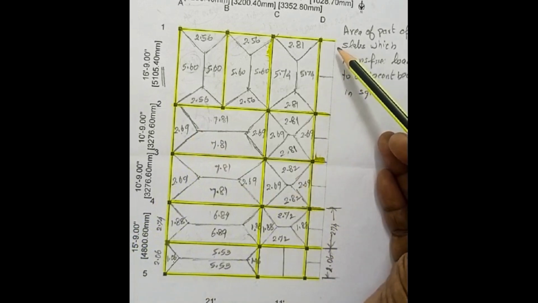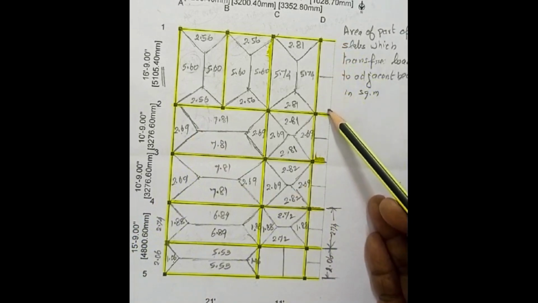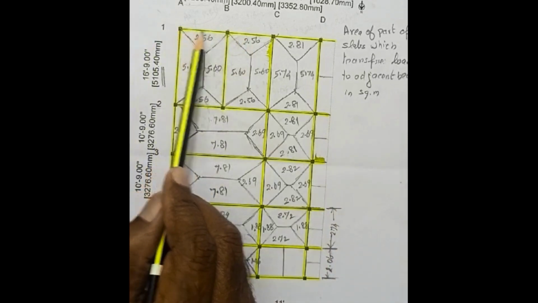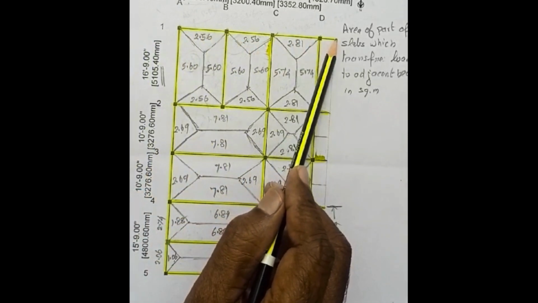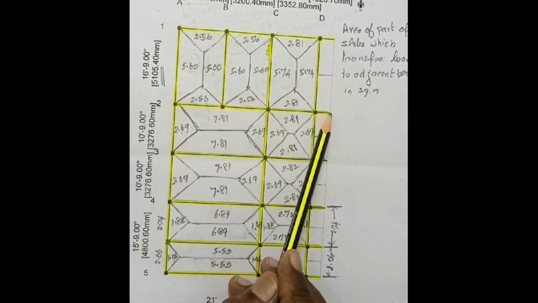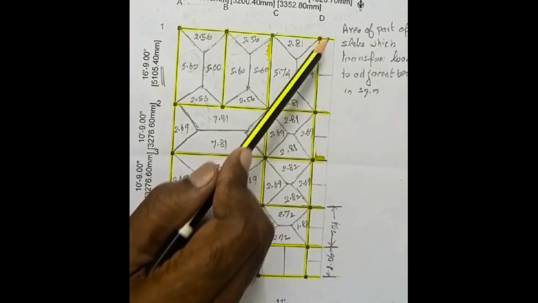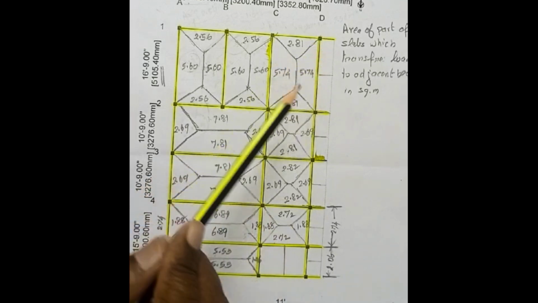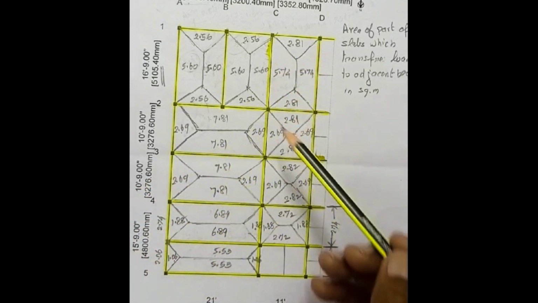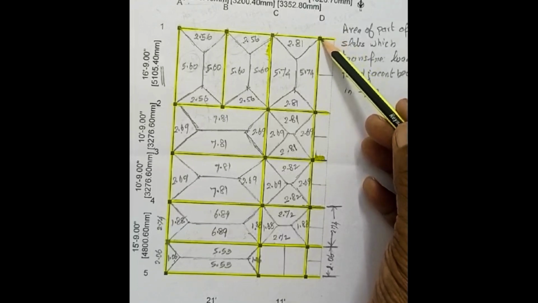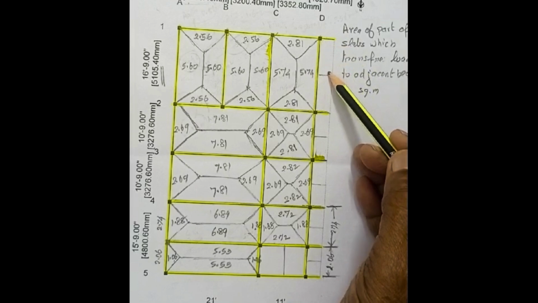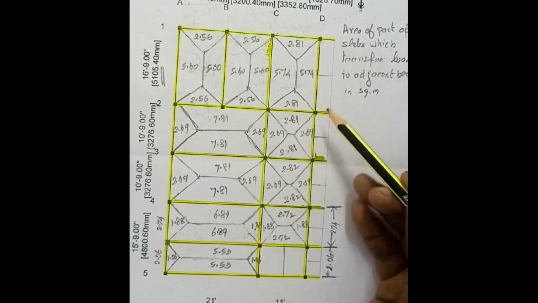But this is a cantilever area. The beams from this side extend to that cantilever area. The slab between these beams rests over the beams as a simply supported slab. So theoretically, we are assuming that this simply supported slab transfers the load to this beam and this beam.